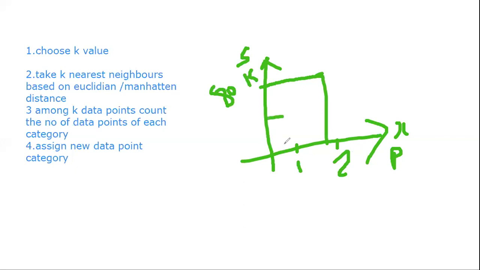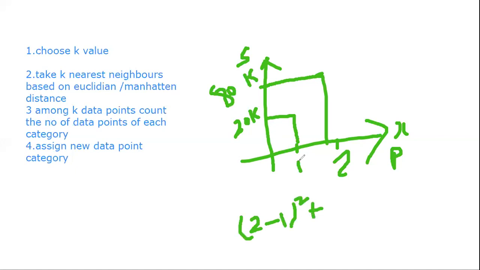If you apply the Euclidean distance measure, what does it return? It is x2 minus x1, which is 2 minus 1, whole square, plus y2 minus y1, that is 80k minus 20k, which is 60k, whole square.